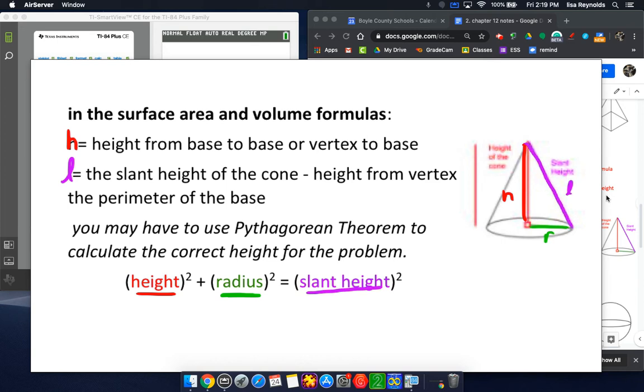And because we have a right triangle, remember it's leg squared plus leg squared equals hypotenuse squared. So we have our leg that's our height from the vertex to the base. We have our radius, which is the other leg, and then we have our slant height, which is the hypotenuse of our right triangle.